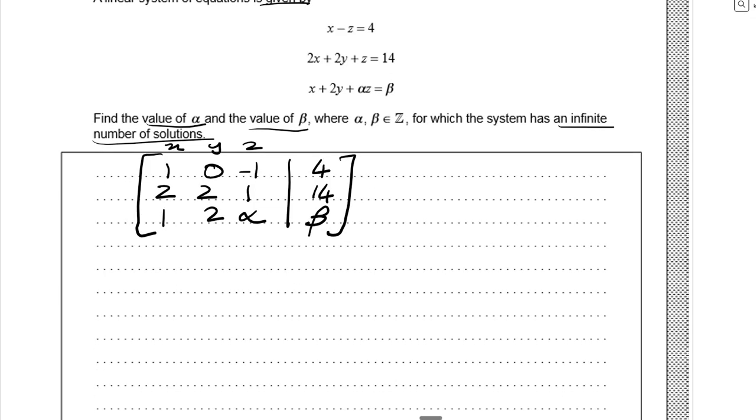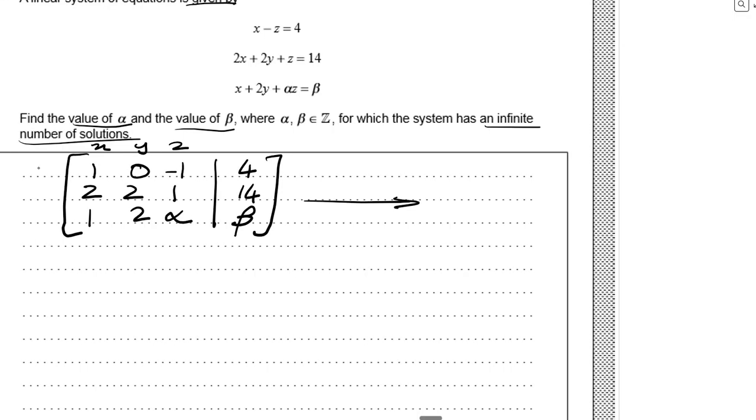Right, and this is what we're trying to reduce. So let's do this. This is R1, R2, R3. So let's reduce R2 first. R2 transforms into R2 minus 2R1.